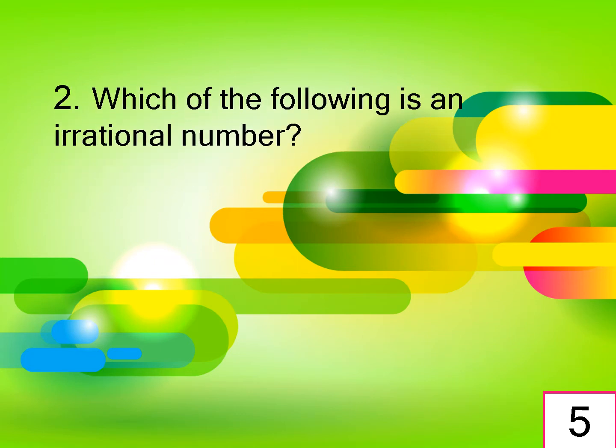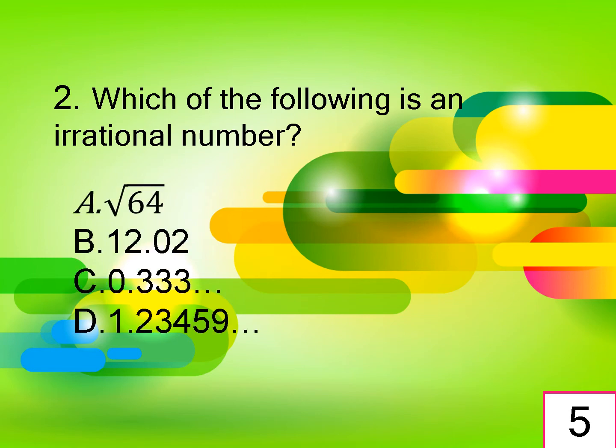Which of the following is an irrational number? The choices are A, square root of 64, B, 12.02, C, 0.333 repeating, or D, 1.23459, and so on.